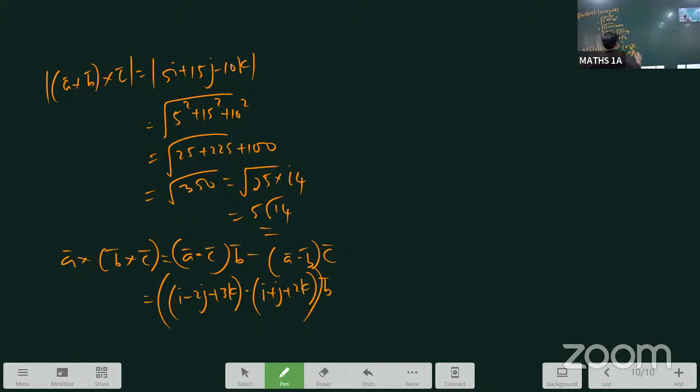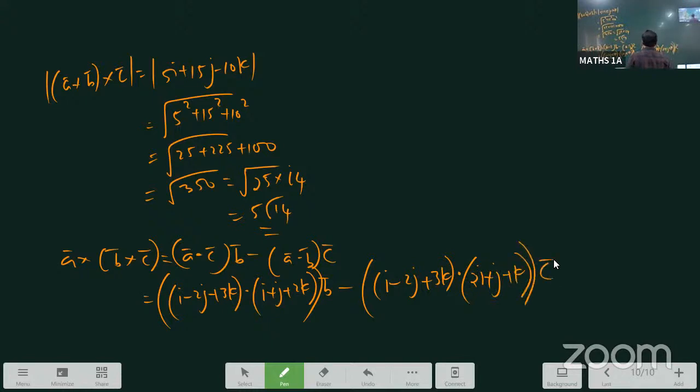Correct, no? Minus, again open the bracket, write down a bar, that is i minus 2j plus 3k dot product with 2i plus j plus k into c bar.